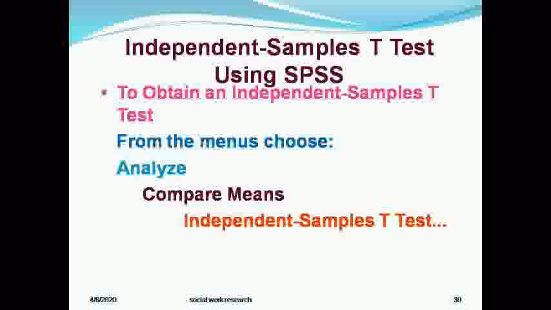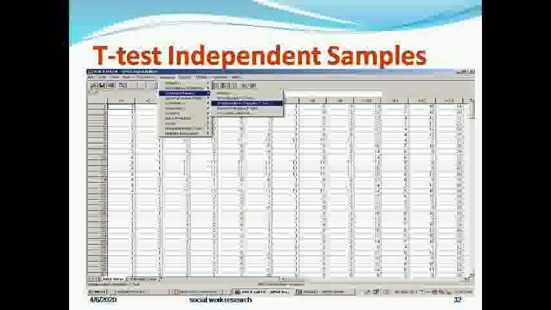Now when do we use independent samples and paired samples? The paired samples t-test is used in the experimental design. So we collect the data from the same group before the experiment and after the experiment.